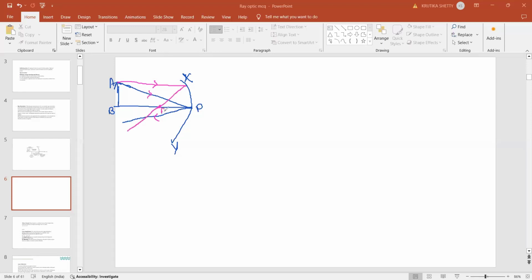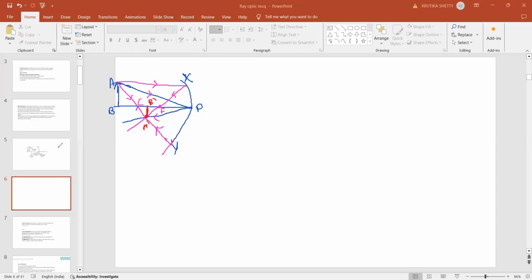This is the focus. This is the reflected ray. Next, the ray which is passing through the center of curvature, after reflection goes back in the same direction. Now here you can see all the 3 rays are meeting at one point. Here we are able to see the inverted image. This is B dash, this is A dash.